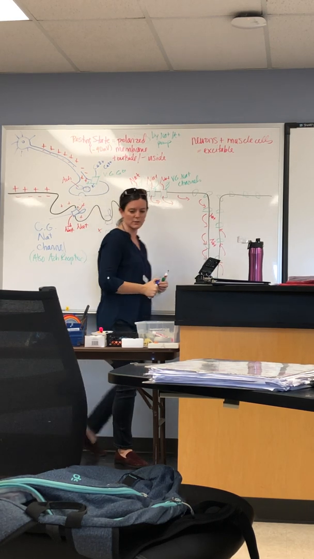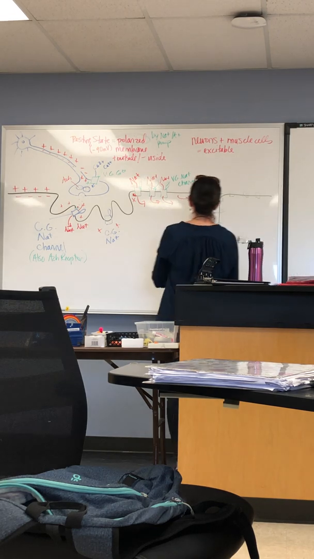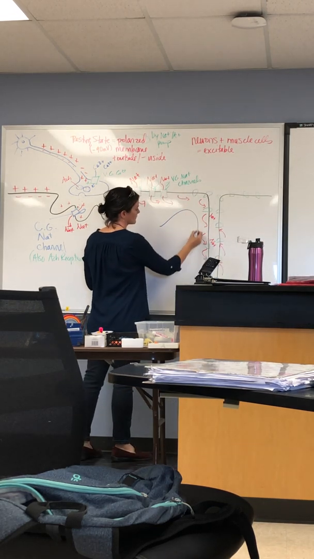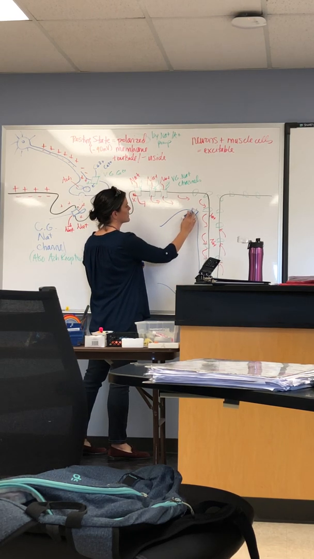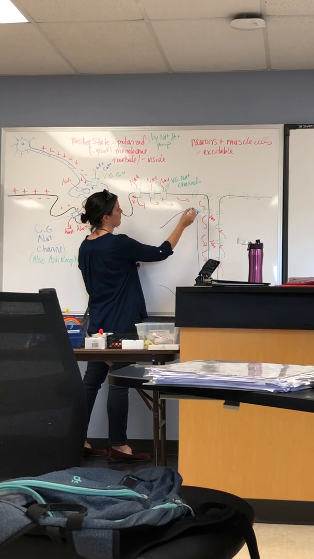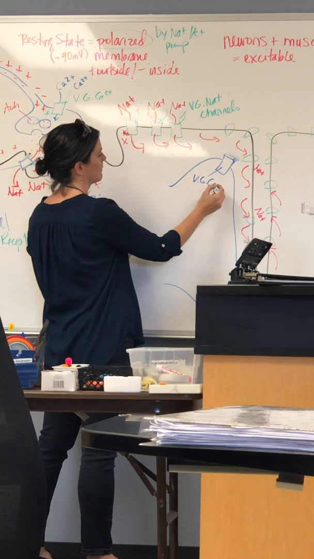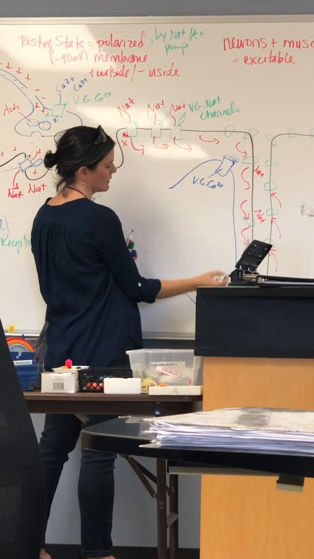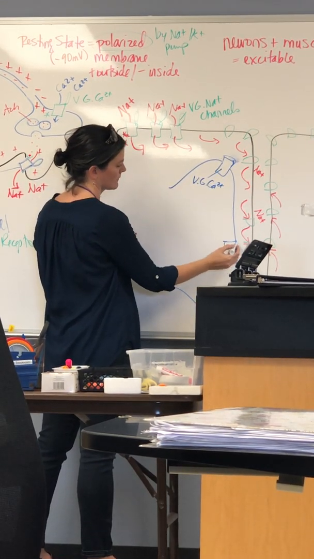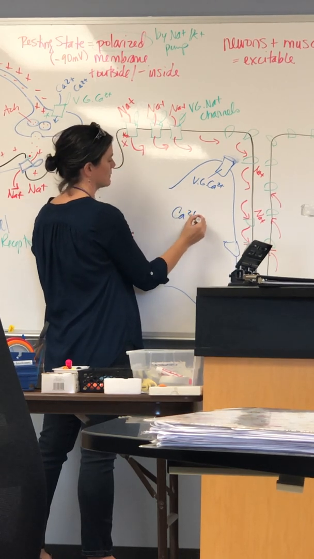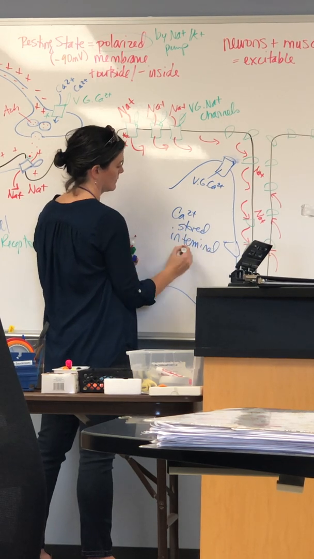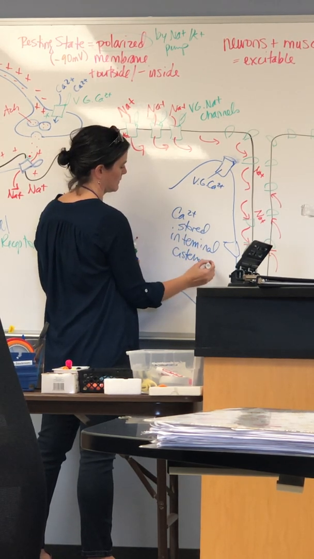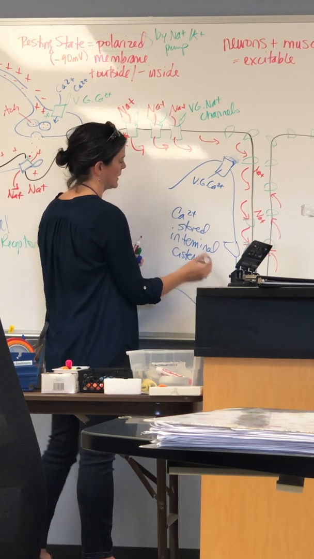My marker is just dead. Let's try again. So it's voltage gated calcium ions. We're now switching to voltage gated calcium channels that are here, because calcium is stored here.